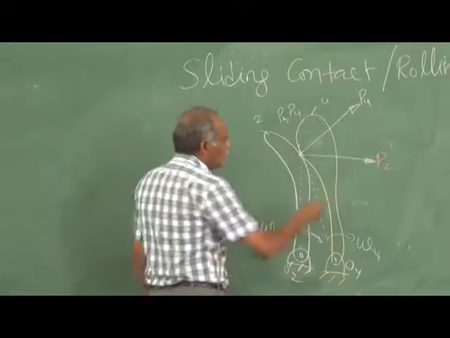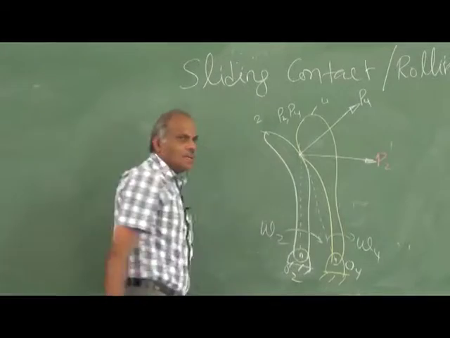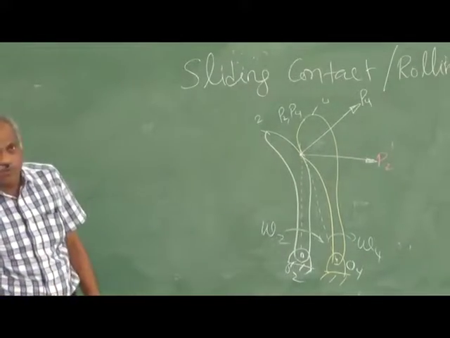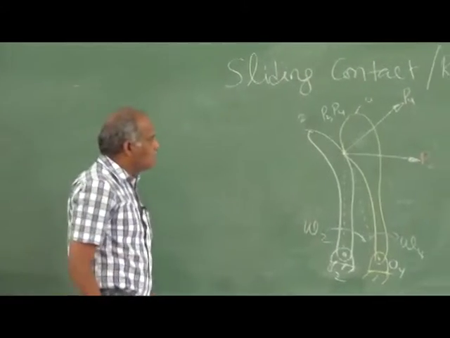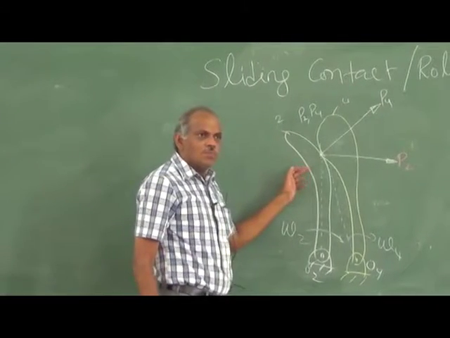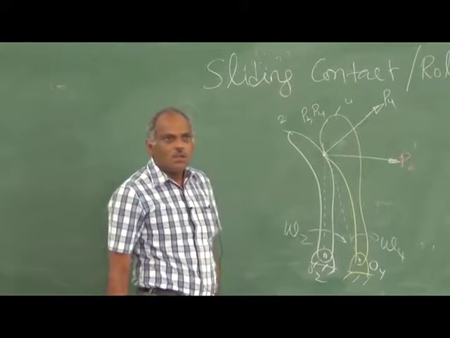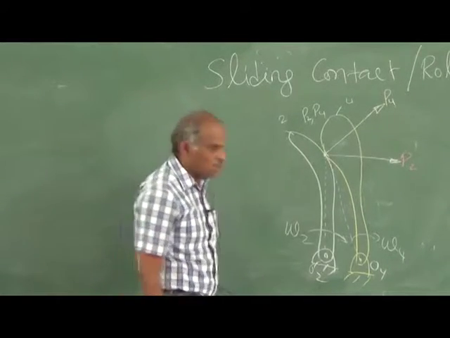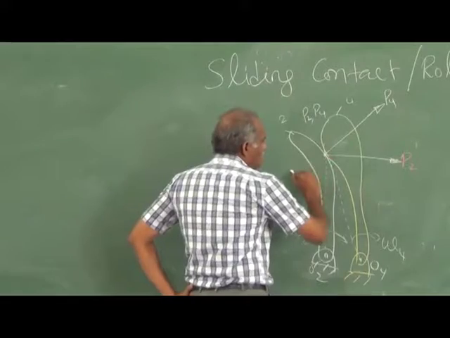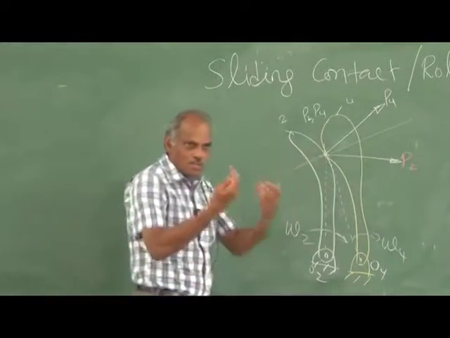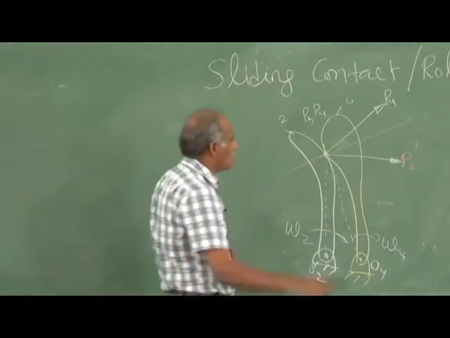One of the conditions that connects the velocity of P2 and P4 is that its magnitude along the line which is called the common normal. So you can draw a line which is normal to both the curved surfaces.